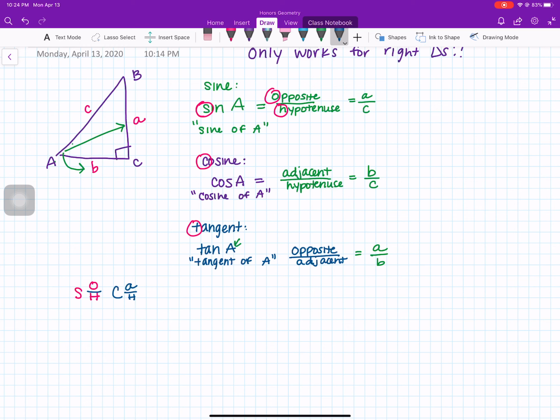And then the tangent ratio is the opposite over the adjacent. When we write it all into a word, you get the phrase SOHCAHTOA, which is how a lot of people like to remember it.